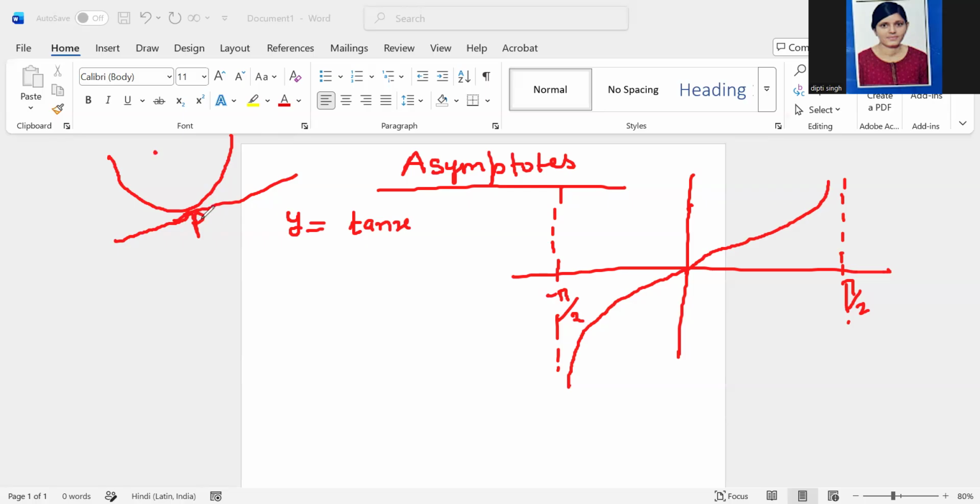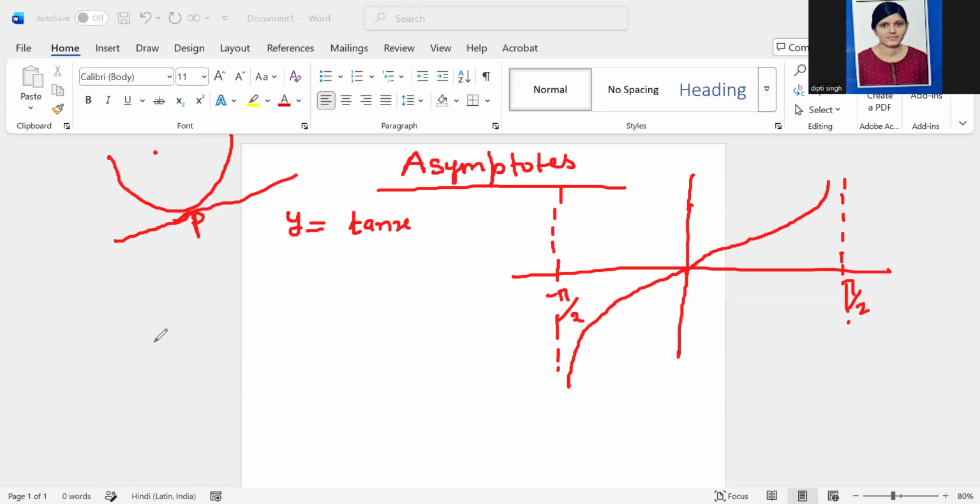So now there are three types of asymptotes. It may be parallel to the x-axis, it may be parallel to the y-axis. Parallel to the x-axis means horizontal asymptotes, parallel to the y-axis means vertical asymptotes, and the third one is oblique or slant asymptotes.